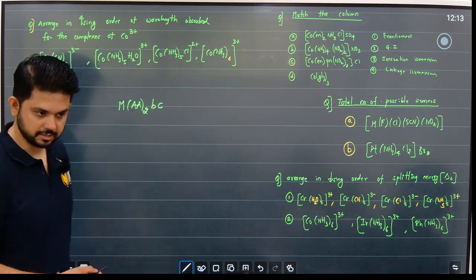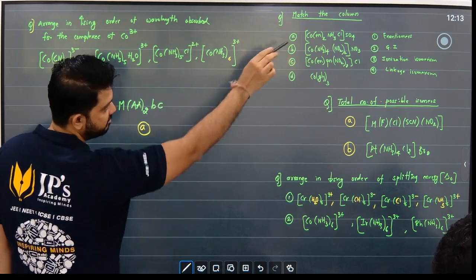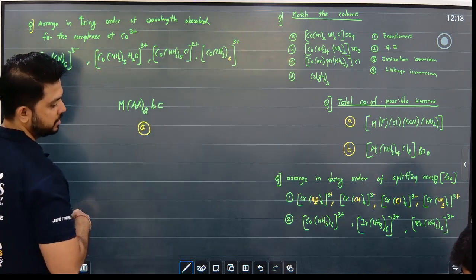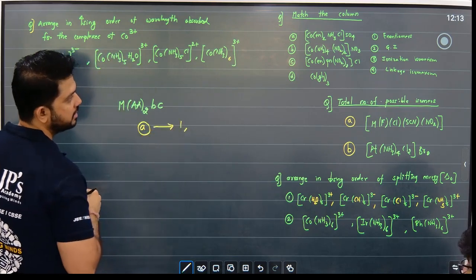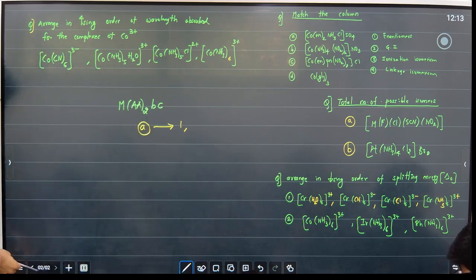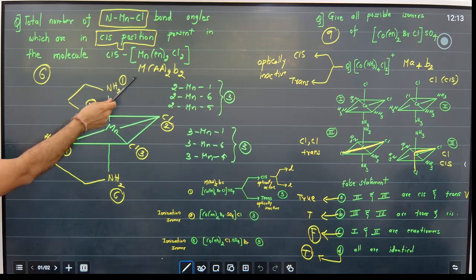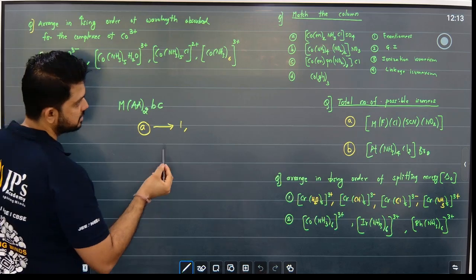Excellent. Yes, it is. Since it is optically active, will it show enantiomers? Yes. Will this show geometrical isomers? Yes, here it is the same MAA2, so both cis and trans are possible. Excellent.